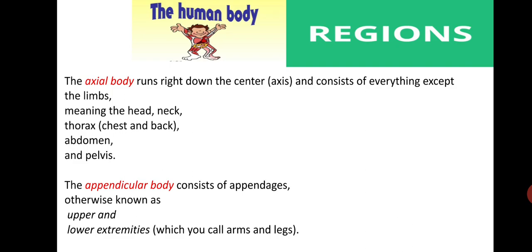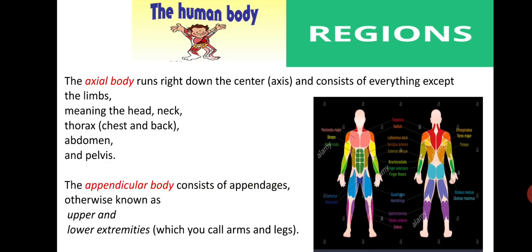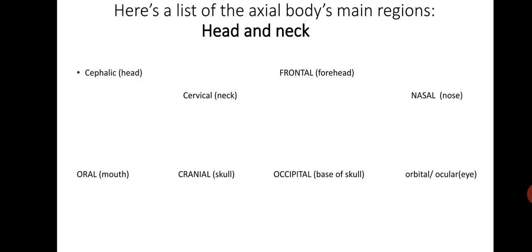The appendicular body consists of appendages, otherwise known as upper and lower extremities, which you call your arms and legs. With the help of the colored picture, I have shown you the different regions of your body.